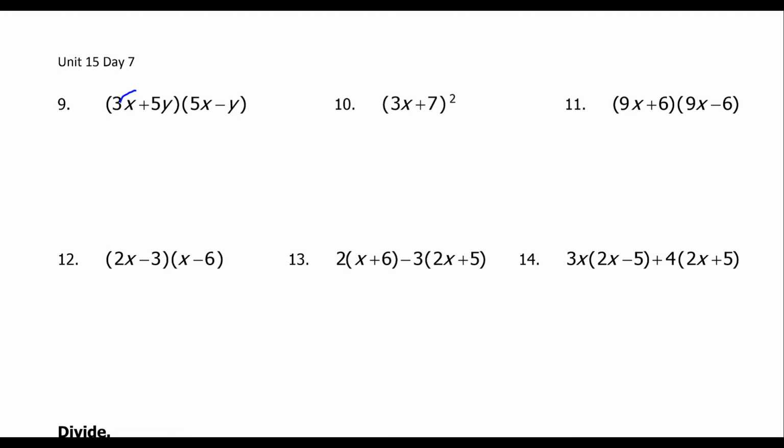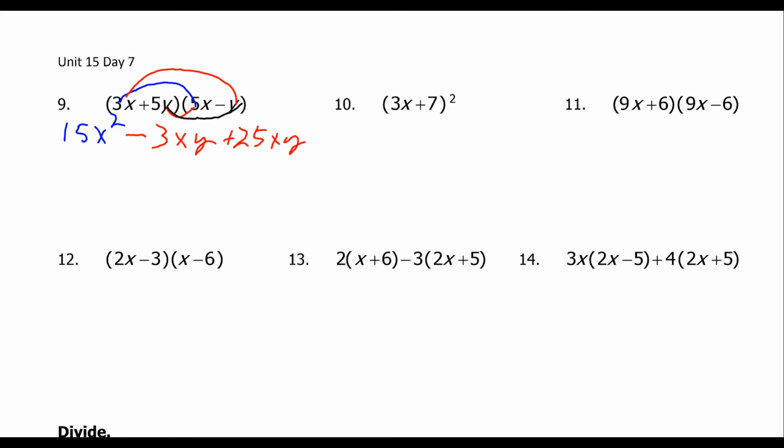We do 3x times 5x. And that's going to be 15x squared, as we all know. And then we're going to do the outside terms. And that's going to be 3x times negative y. And that's going to be negative 3xy. And then we're going to do these two. And that's going to be plus 25xy. And then we have our last little set here.